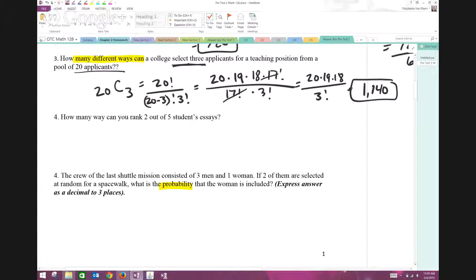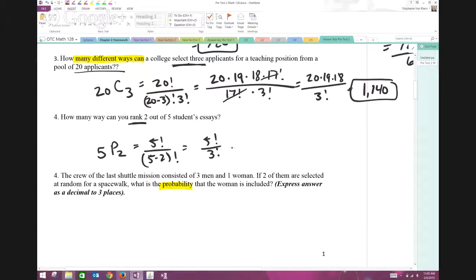How many ways can you rank 2 out of the 5 student essays? I'm ranking them. So I'm ranking first place and second place. So this is a permutation, because order does matter here because I'm ranking them. So this is 5 factorial over 5 minus 2 factorial.